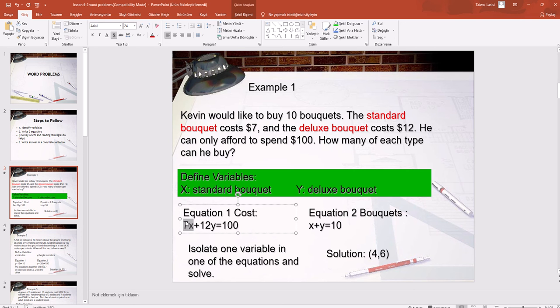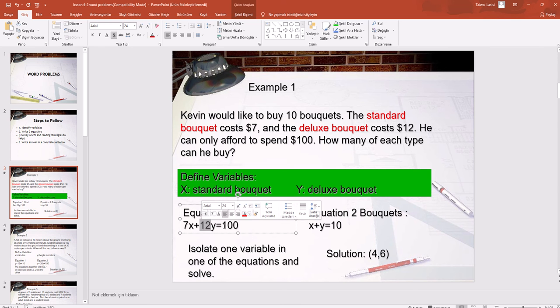So x is a variable that we use for the number of standard bouquets. And here we have 12, so y is the number of deluxe bouquets. So I want 7x of this, which costs 7, and I want y, which costs 12.